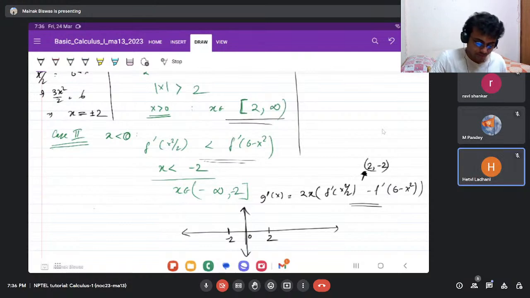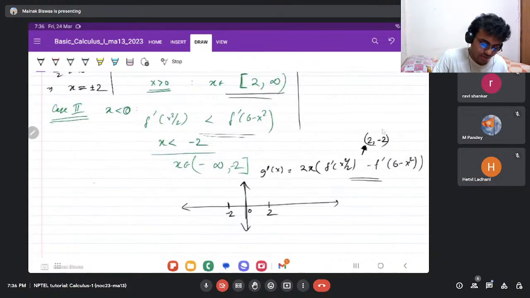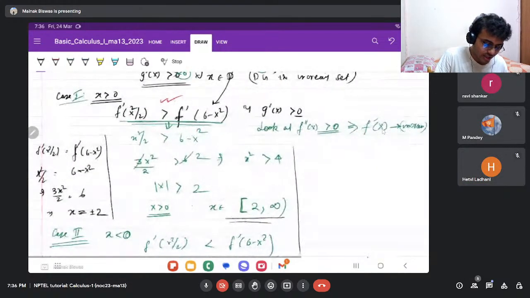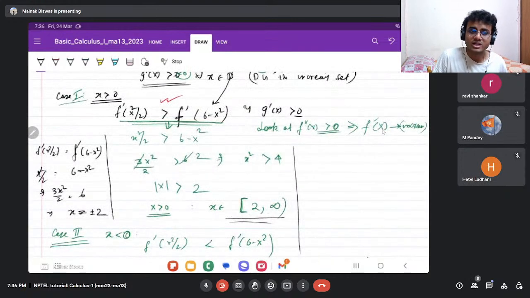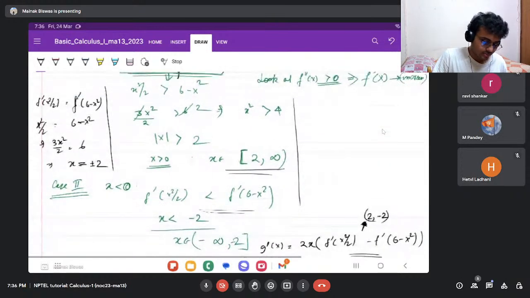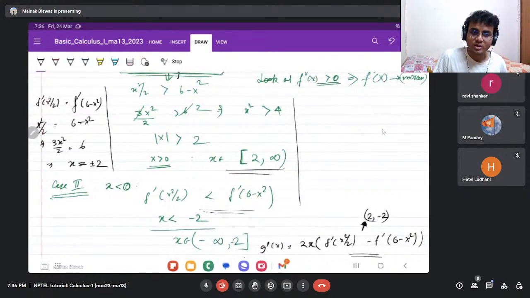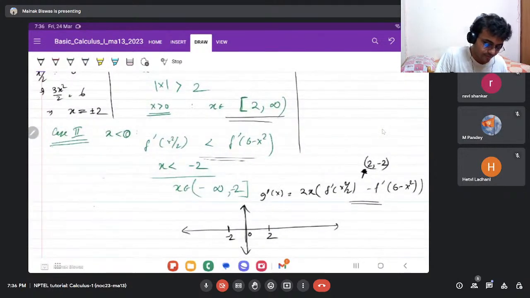Yes, sir. So we have seen this is positive because at 2 you have 0, right? And at minus 2 you also have 0. Less than minus 2 it is decreasing. Or rather, it's increasing, right? Less than minus 2 it's increasing, greater than 2 it's also increasing, agreed?